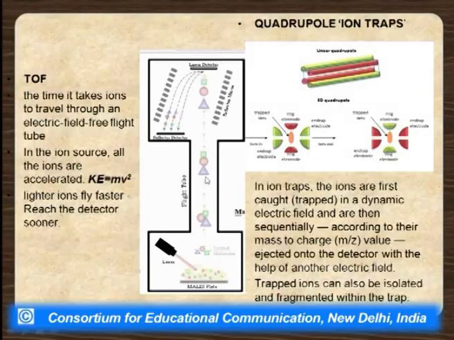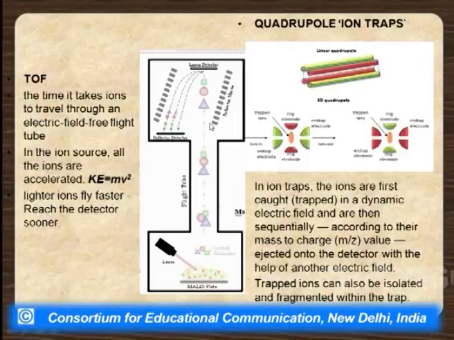This is the tube through which the peptide ion will travel, and the ion source will cause the ion to be accelerated. Once it is accelerating, there is kinetic energy which is dependent on the mass and on the velocity. Depending on the mass of the peptide and its velocity, they will travel at different speeds. The lighter ones will fly faster and the heavier ones will reach the detector late.